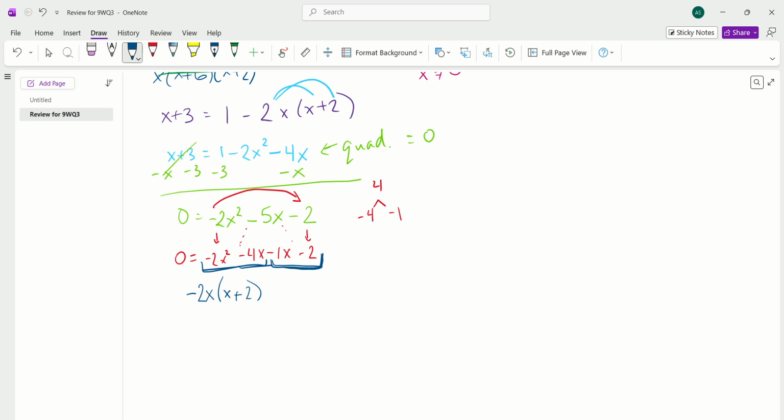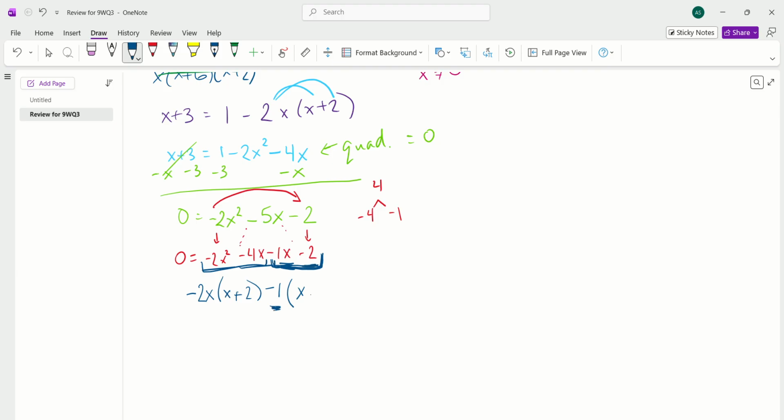Okay, now my goal with this second group is to make it match what's left in the parentheses. And you'll see that the numbers are already correct, it's just the signs that are wrong. The negative should be positive. So what I'm going to take out is a -1. That way I'm dividing a negative by a negative, and I'm ending up with a positive.